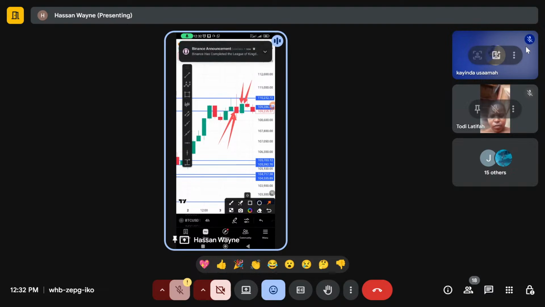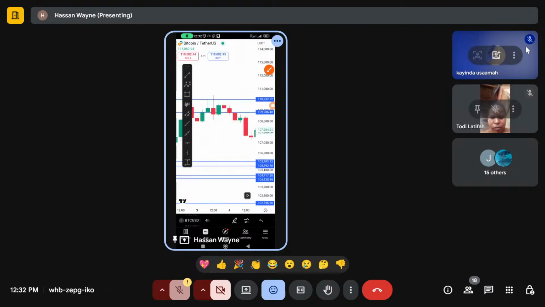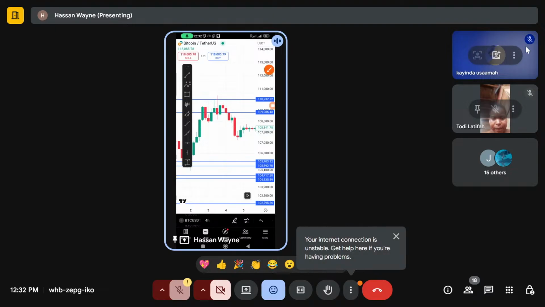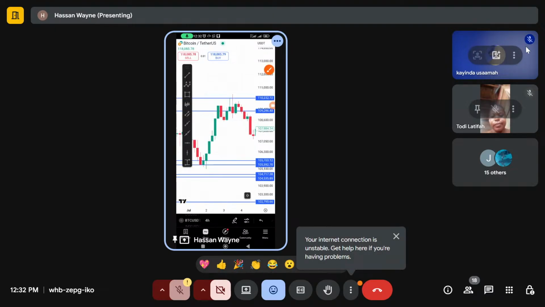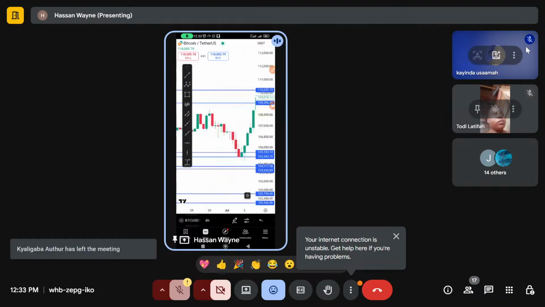Eventually we saw the market heading down up to this area. So that's how we use these candlestick patterns.